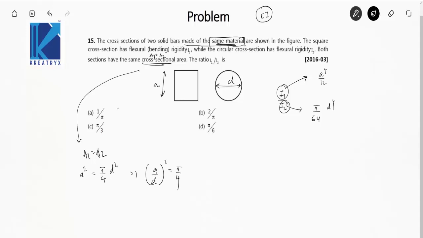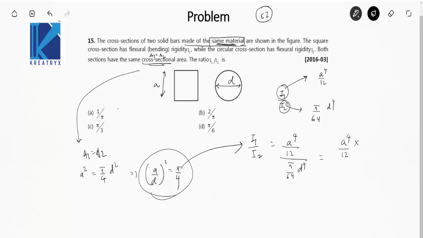So I1 by I2 is equal to a raised to power 4 by 12 divided by pi by 64 d raised to power 4. Put this relation in this equation and you will get your answer, that is a raised to power 4 by 12 into 64 divided by pi d raised to power 4.